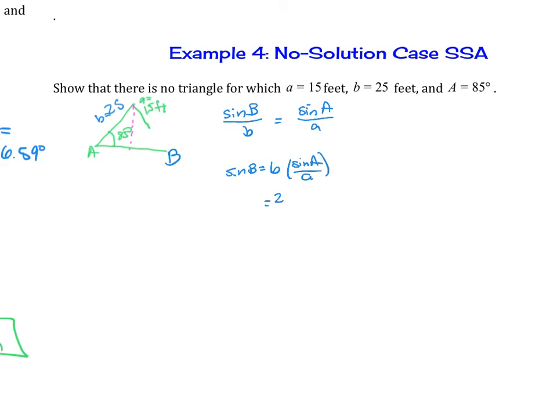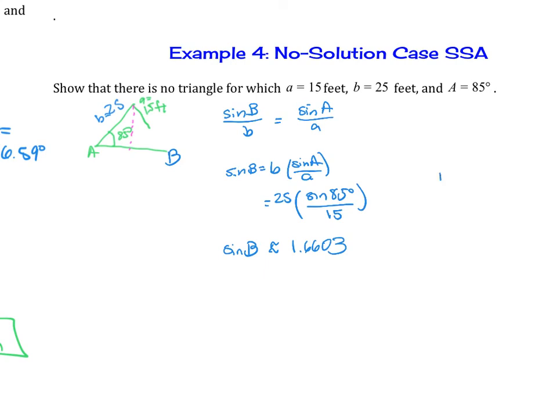So b is 25, sine of 85 degrees, over 15. We plug it in our calculator and we would get approximately 1.6603 for sine of B. Now, what do you think about that when it's greater than 1?